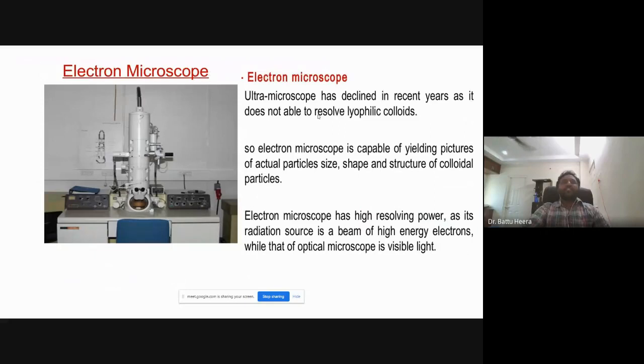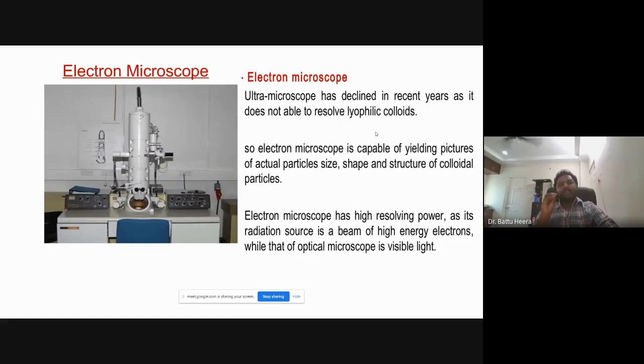Let us come to the electron microscope. The electron microscope has a very high resolving power, so that the energy of electrons observed in the particles will be very clearly visible, with the size and shape.